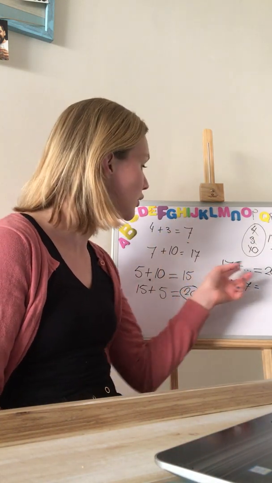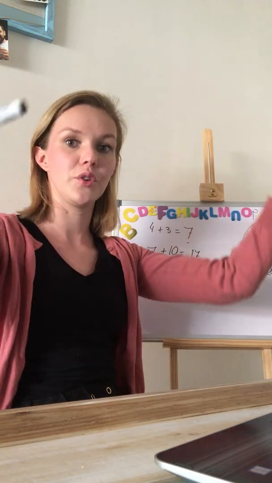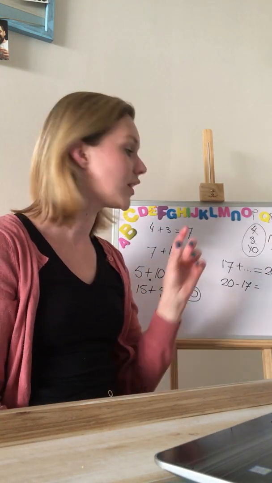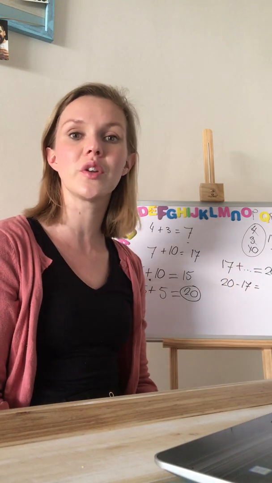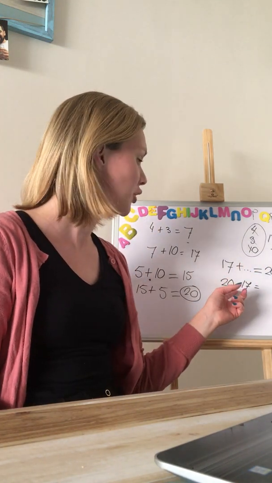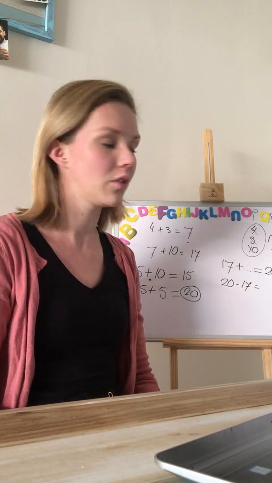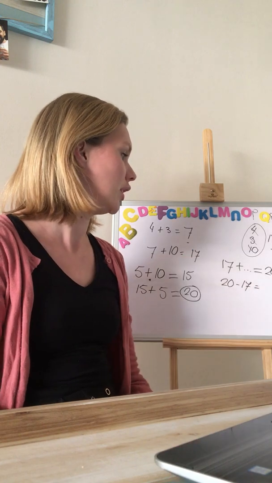Because those numbers are very close to each other. If you have the number chart, you can see that those numbers are pretty close together. So you don't need to make many hops. Here you need to make many hops if you're doing it on a number line. So I think I choose this one.